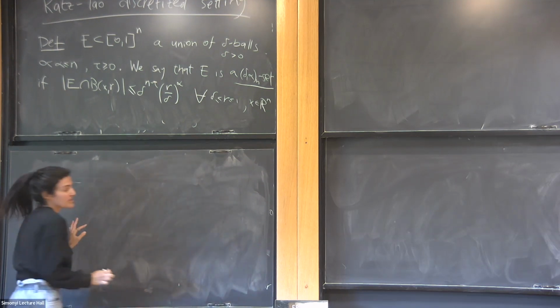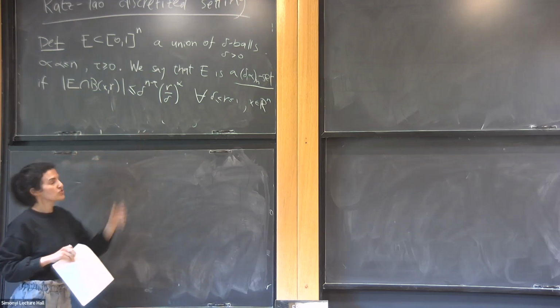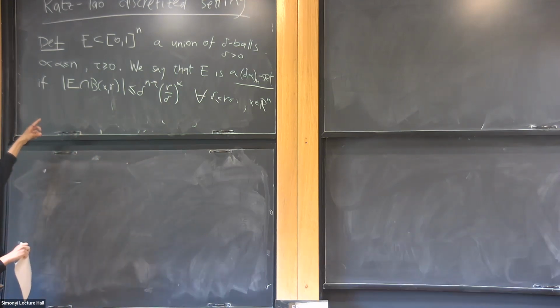So how do I think about this definition? The way I think about it is that, first of all, if we take R to be 1 or 2, we take the intersection of the set with the ball that contains the unit cube.